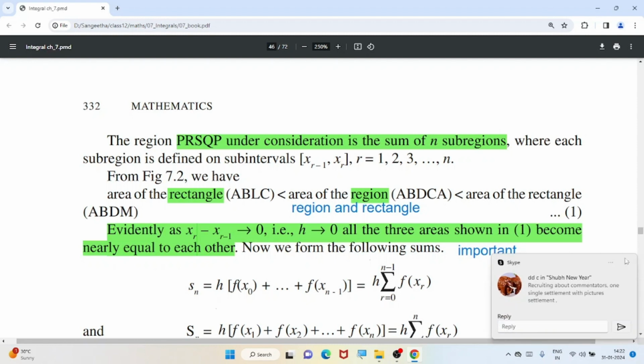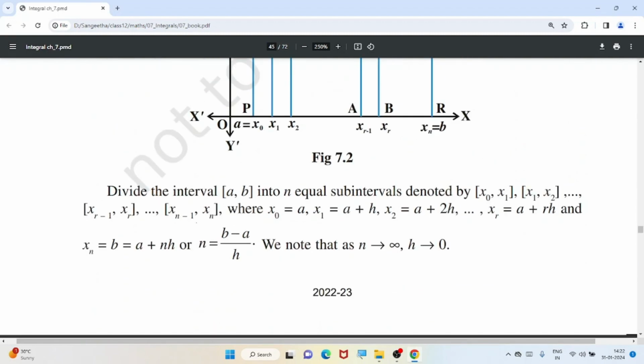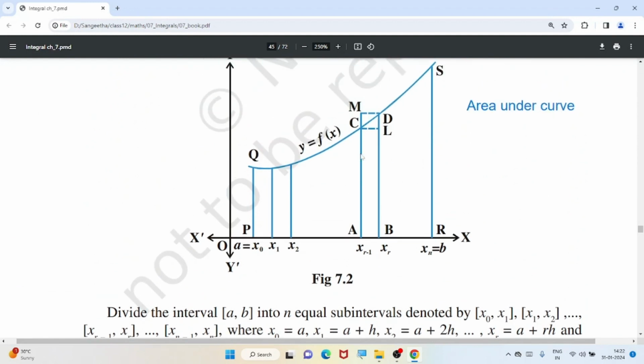This rectangle ABLC is less than ABDC, this region, which is less than ABDMA. So here this is a rectangle, this is one region, and this is above that. That is what they have mentioned.